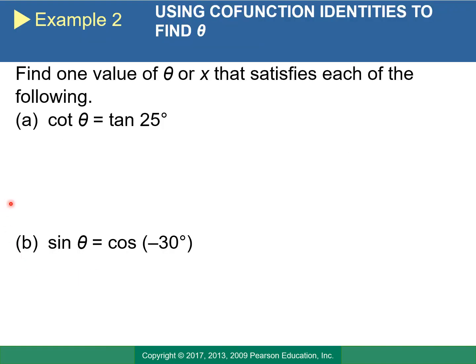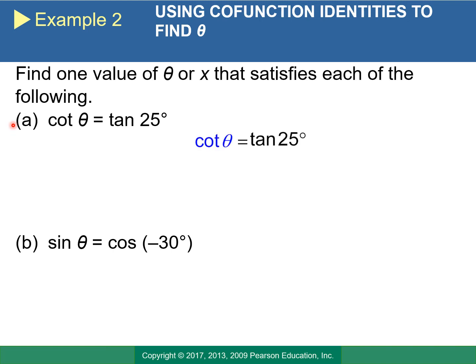Okay, so let's try this example here. Find one value of theta or x that satisfies each of the following. We're going to work through a few of these. Part A, cotangent theta, we're looking for theta here, equals tangent 25 degrees. Well, recognizing that cotangent and tangent are cofunctions, we can use the cofunction identities that we just looked at.